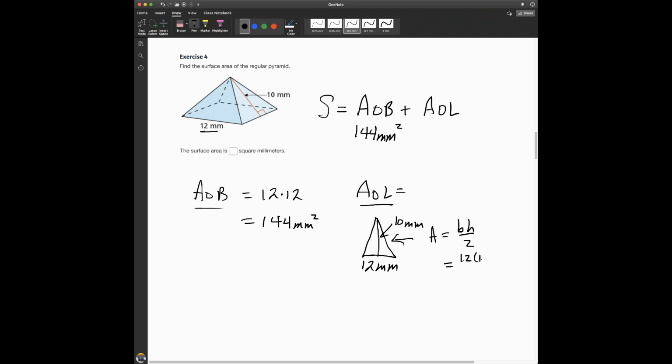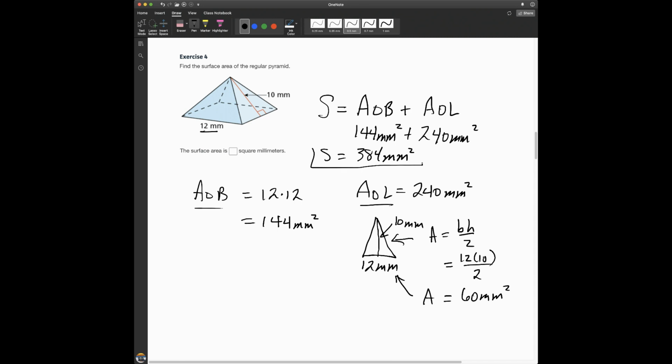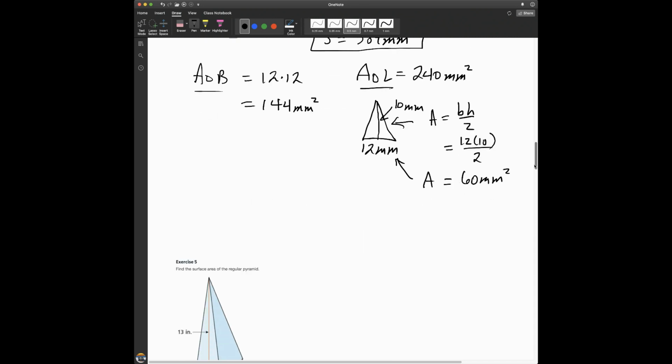So 12 times 10 divided by 2, and that equals 60 millimeters squared. So that's the area for one triangle. But I have 4, so 60 times 4, 240 millimeters squared. And all you have to do is add those together, and you get the answer. Surface area is 384 millimeters squared.